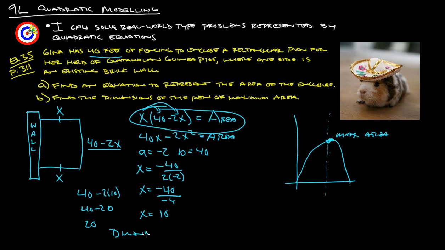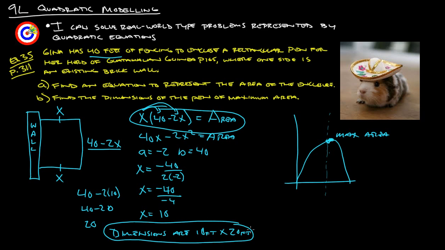So the dimensions, sorry, that's terrible handwriting, are 10 feet by 20 feet. Again, that's a 10. So the dimensions that make the biggest area for her Guatemalan guinea pigs are 10 feet by 20 feet.